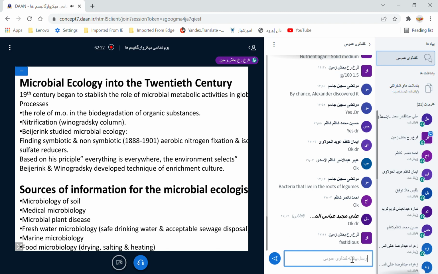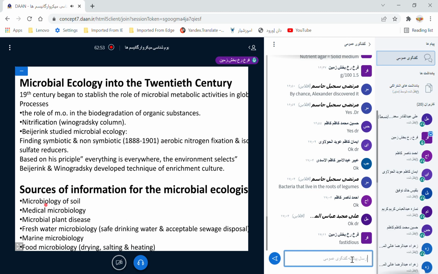We use blood agar, serum agar, chocolate agar, and we call them enrichment culture. Sources of information for microbial ecologists. What are the sources of information? Wherever there is an ecosystem, wherever microbes are present, it is a source for microbial ecologists.